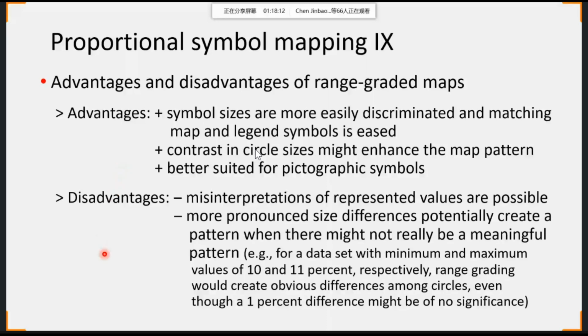The disadvantages are misinterpretations of represented values are possible. More pronounced size differences potentially create a pattern when there might not really be a meaningful pattern. For example, for a data set with minimum and maximum values of 10 and 11% respectively, range grading would create obvious differences among circles, even though a 1% difference might be of no significance.